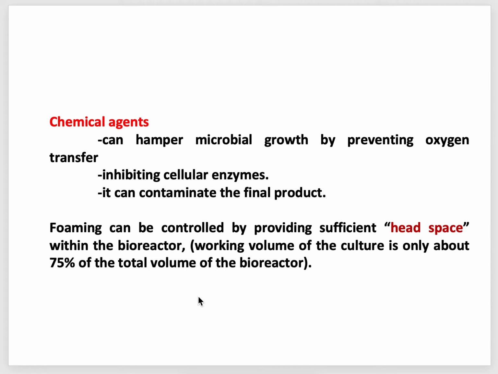Theoretically, if you increase this space, you can more efficiently control the foam. But there is a problem. You just cannot keep 50% of the bioreactor empty, because it will increase the operating cost. So we have to design the process in a way that we keep the optimal head space.